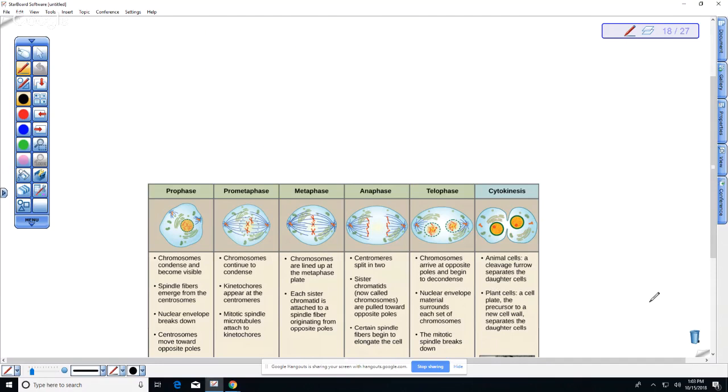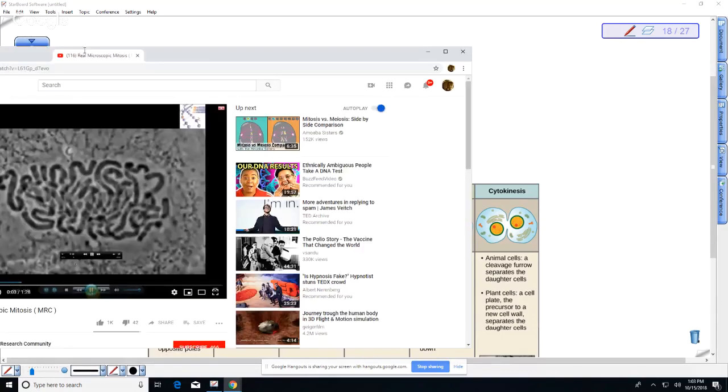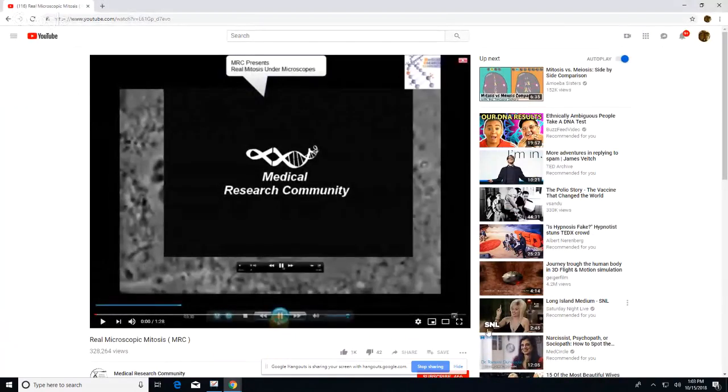Okay, so it's actually much more detailed than this. We have more chromosomes, but we can actually observe this. This is underneath a microscope, so we can see what is happening.